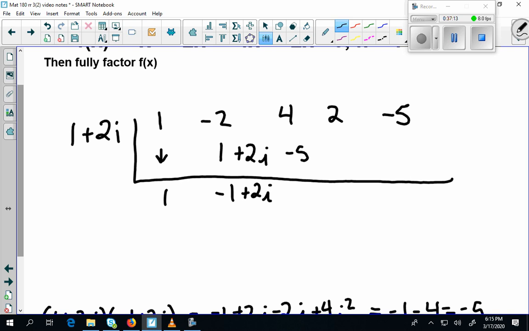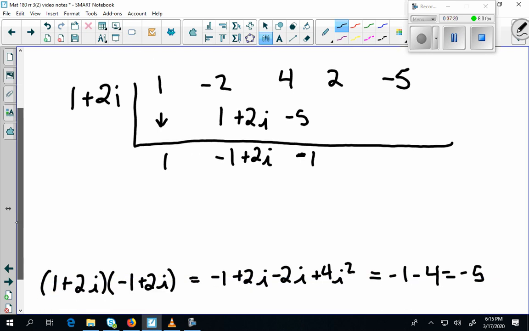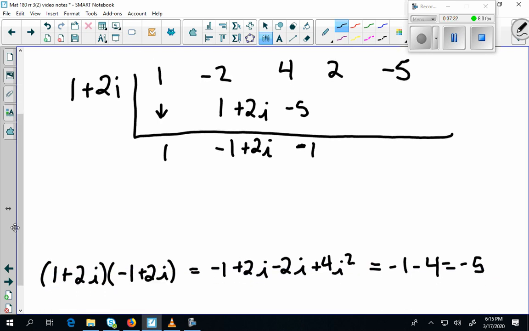So 4 plus -5 is -1. So now all I have to do is multiply 1 plus 2i times -1. So my sign's just reversed. -1 minus 2i. So real part to real part, imaginary part to imaginary part. 2 minus 1 is, or 2 plus -1, same thing, is 1.